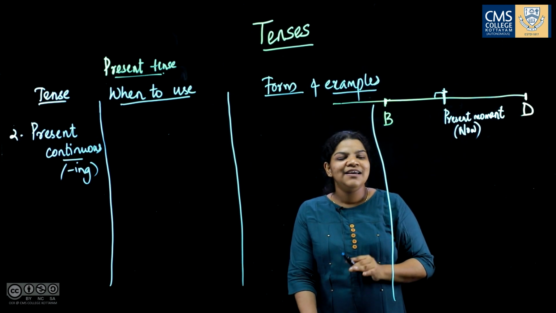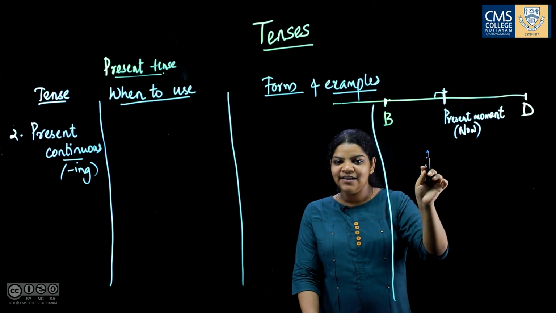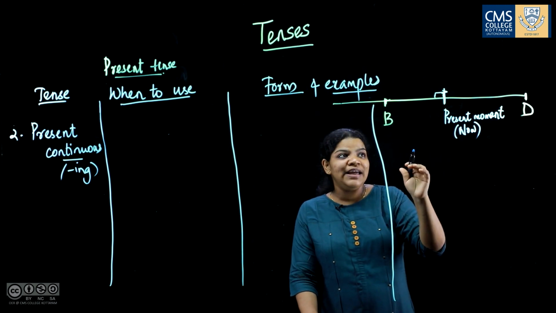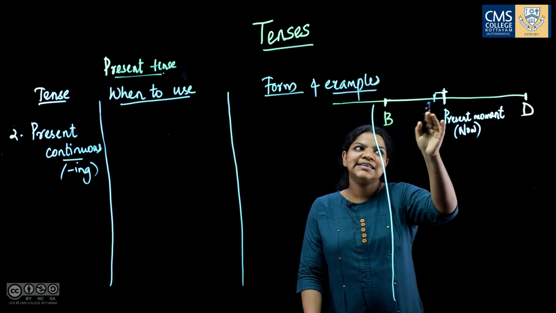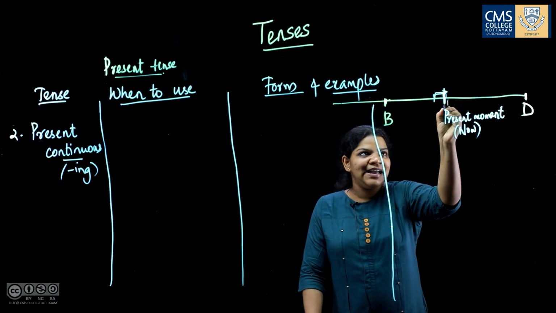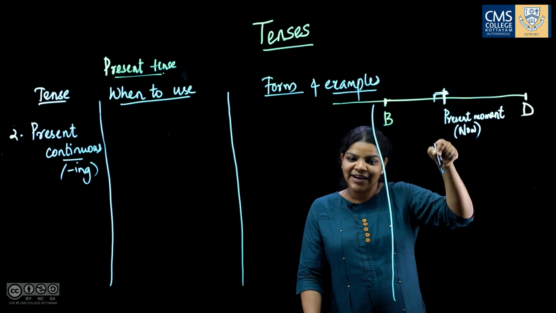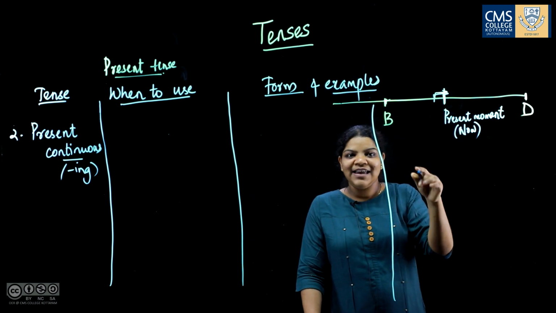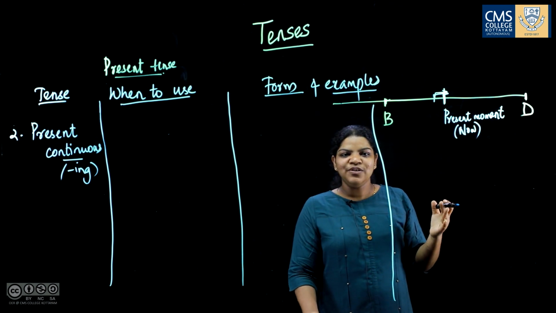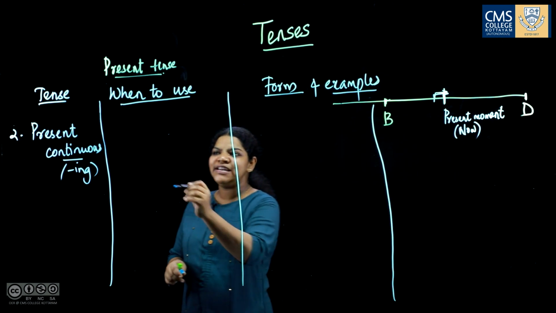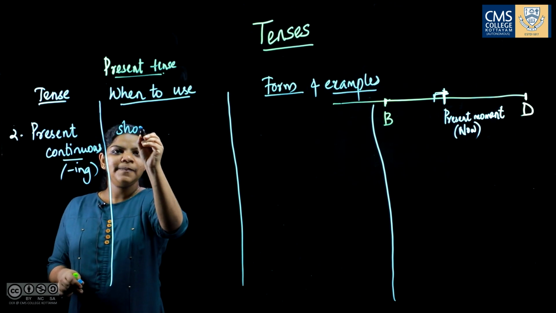I'll repeat. Present continuous tense refers to an action which started some time back and is continuing and is happening at the moment, right now. It's happening right now. It might continue for some more time and then come to an end. So it refers to an action of a shorter span of time.